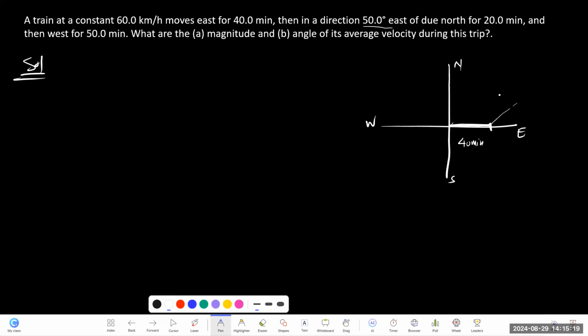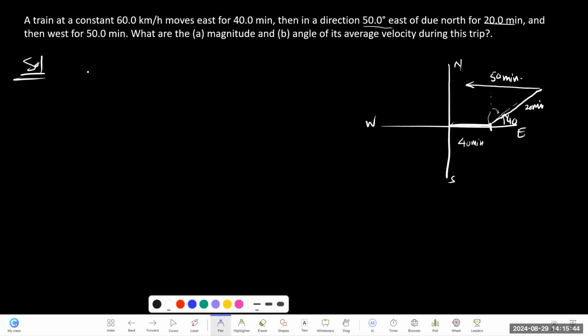So this angle is 50, so this angle is 40. And how long is it running here? 50 minutes. Then it goes towards the west. And how long is it running? 50 minutes.